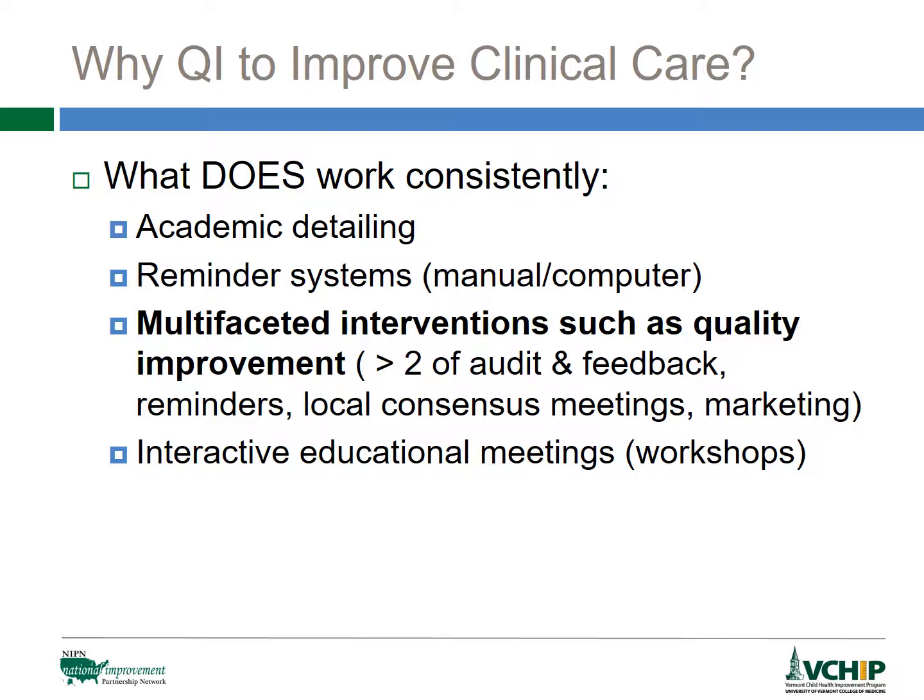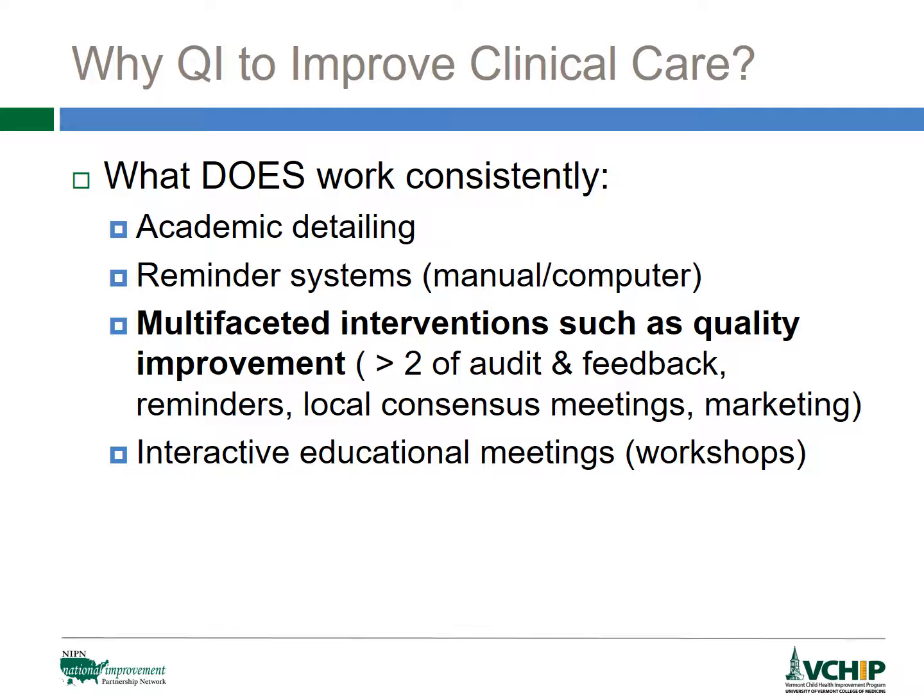What that research found does work consistently are strategies such as academic detailing, reminder systems, both manual and computer, and multifaceted interventions such as a typical quality improvement. Those multifaceted interventions are 2 or more of these activities: audit and feedback, reminders, local consensus meeting, marketing.